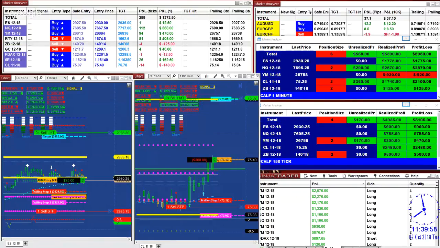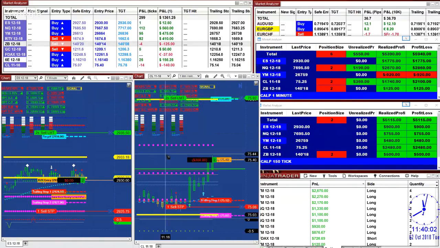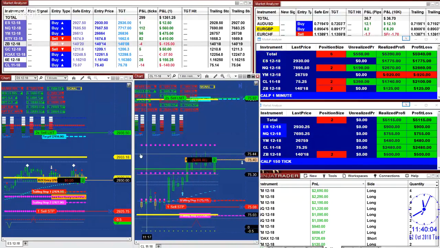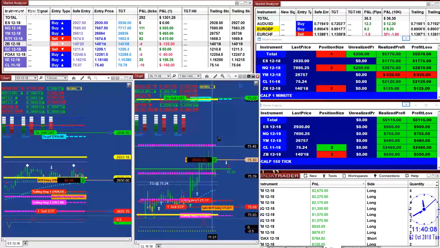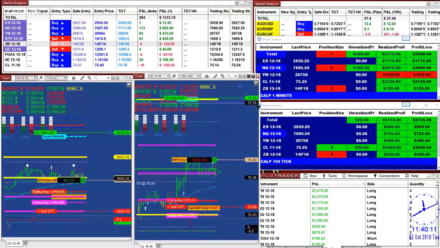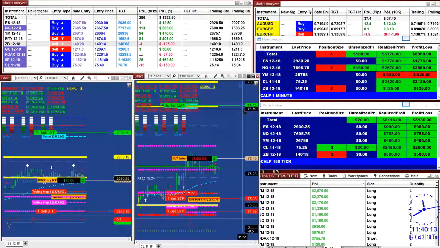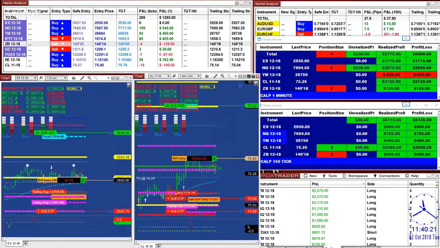That's why you see the market is not moving right now, because of the Feds at 12:45. The scalpers are doing an extremely good job when the market is flat.